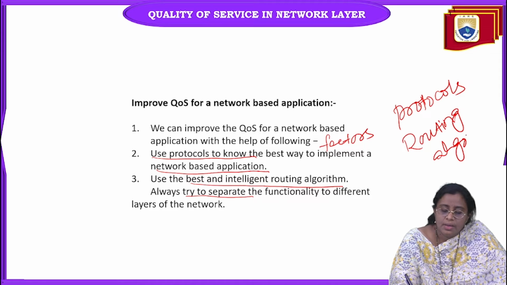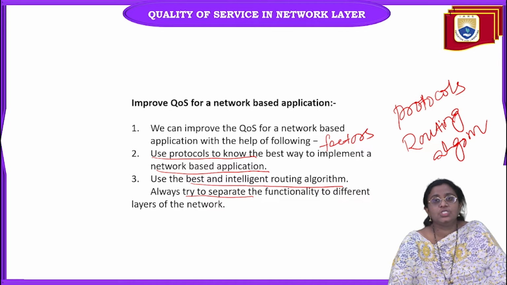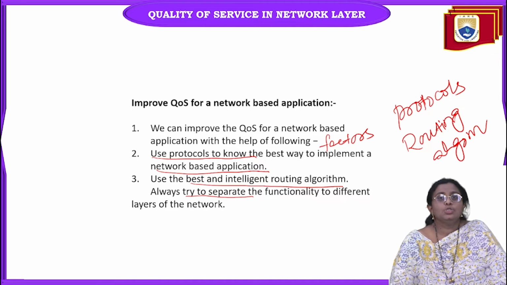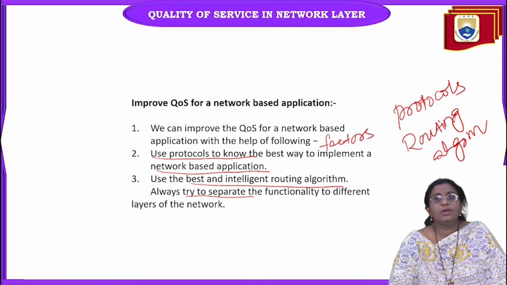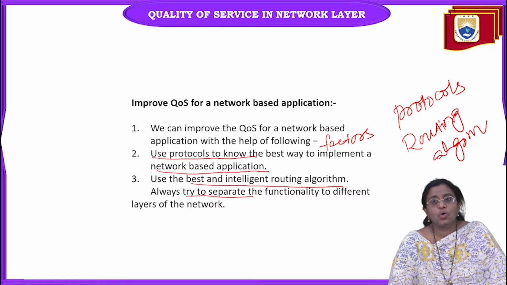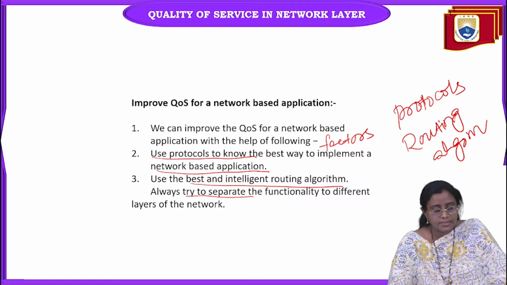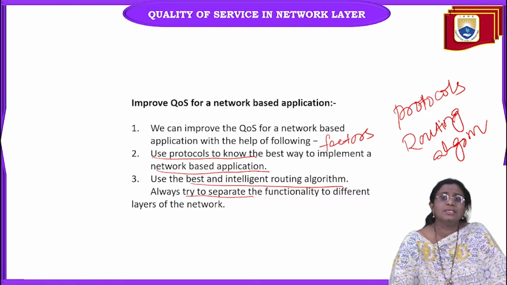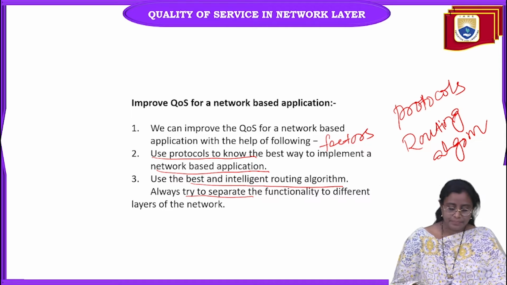So these are the two essential factors which are useful to improve the QoS, quality of service, for network based applications in the network layer. What are those two factors? The first is to use protocols to know the best way to implement a network based application, as well as to use the best and intelligent routing algorithm for different layers of the network based on their functionality.